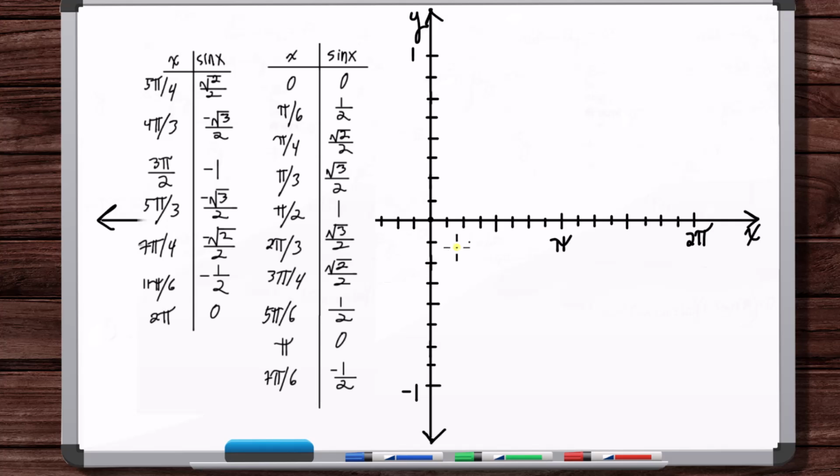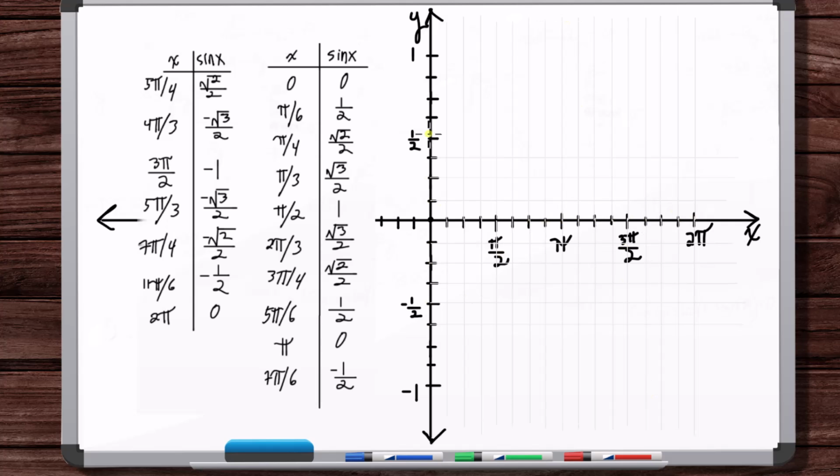Okay, so that will make it really easy to get to each x coordinate. So we've got 0, 0 plotted.